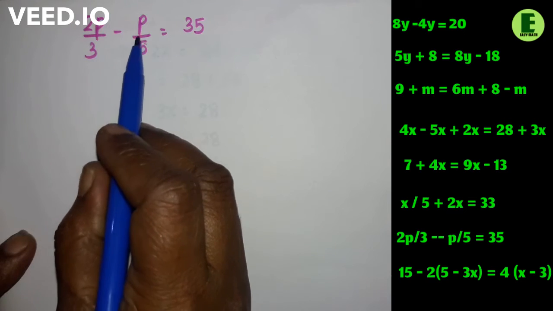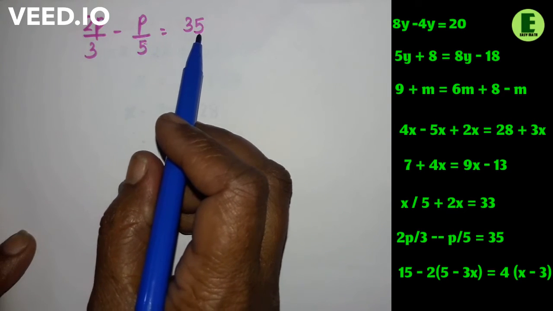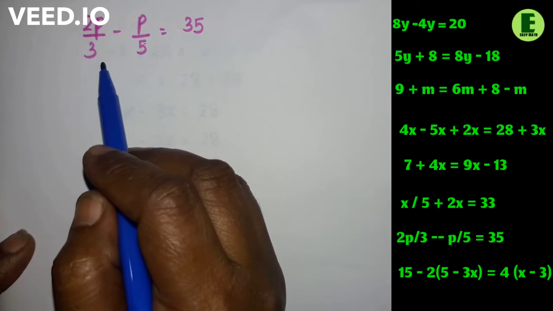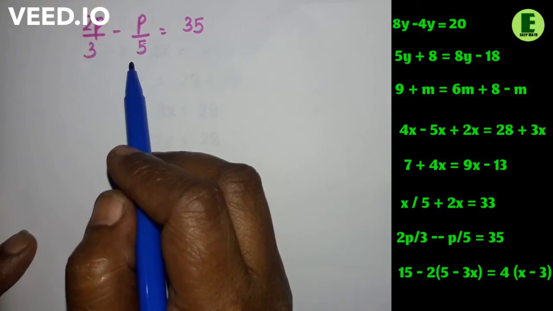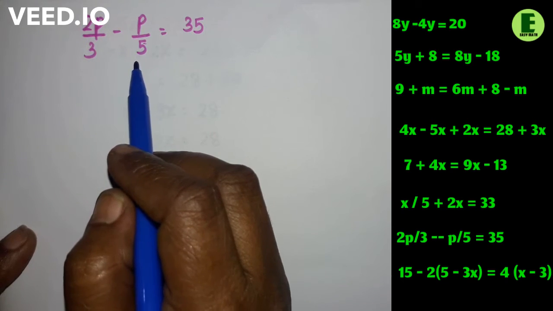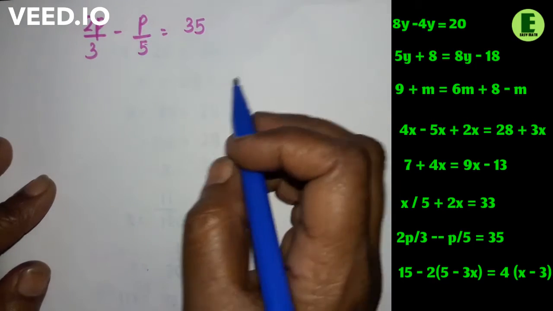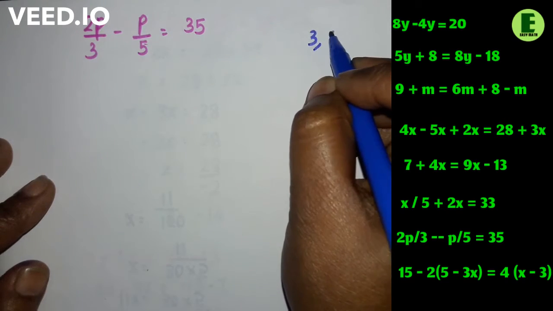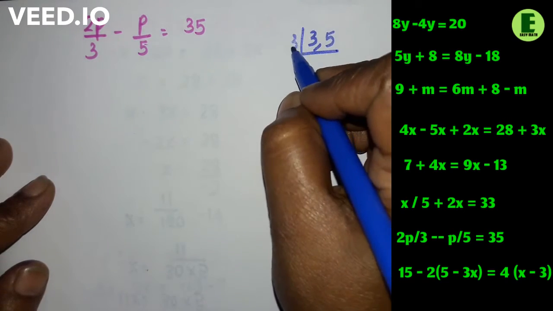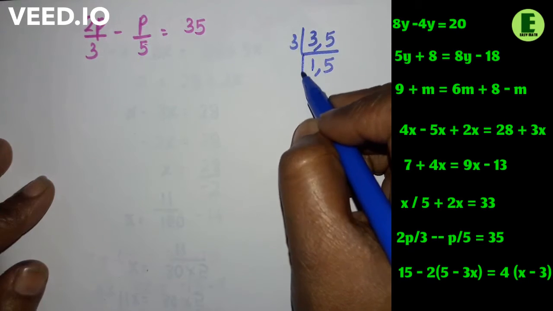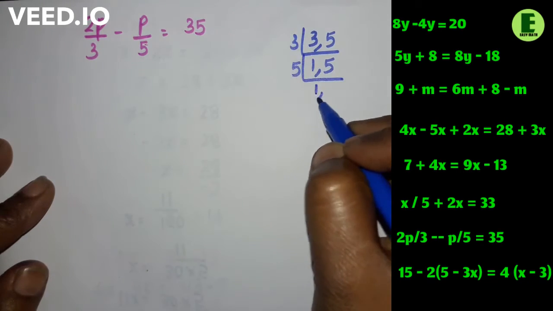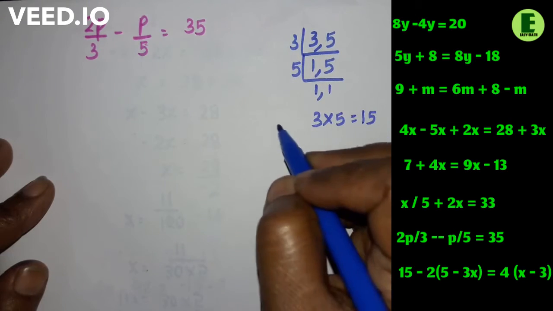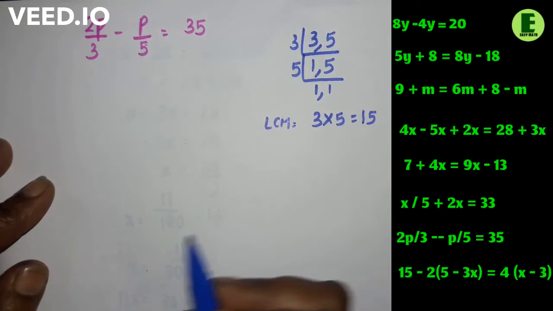2p by 3 minus p by 5 is equal to 35. Now the left hand side is in fraction form, wherein we have unlike denominators. So first let us convert into like denominators. For that we need to take the LCM. So when we take the LCM of 3 and 5, we get 15 as the LCM.